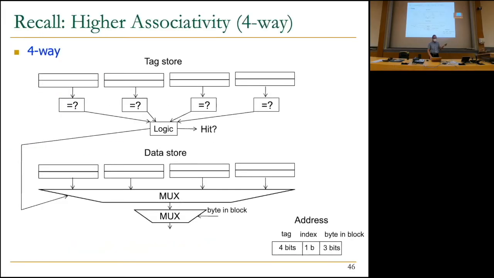So this is 4-way. Maybe you can look at this and tell me whether 3-way is possible. So what is needed in a 4-way, right? You basically compare, and then you have a multiplexer to get the data out. So you need to compare the tags of all of the ways in a set, determine the hit signal, and then multiplex the data out. So based on this, is a 3-way possible? Or 17-way? Why not, right?